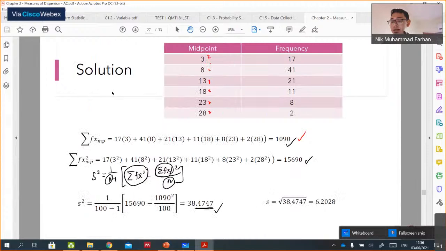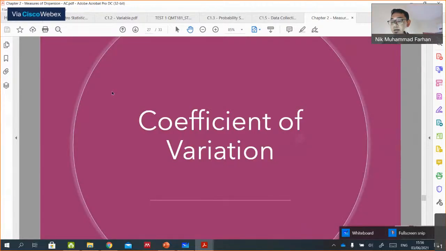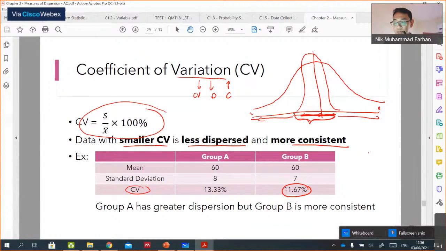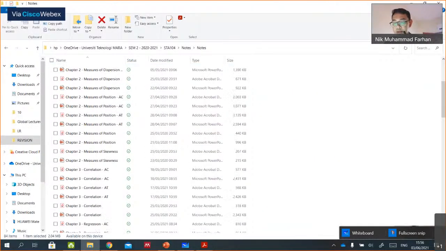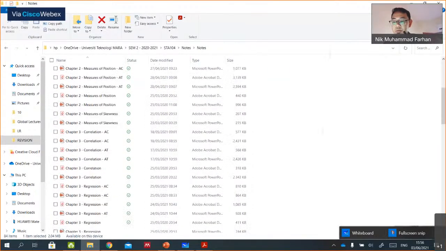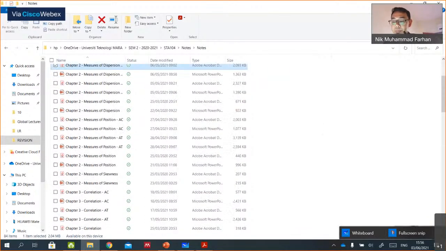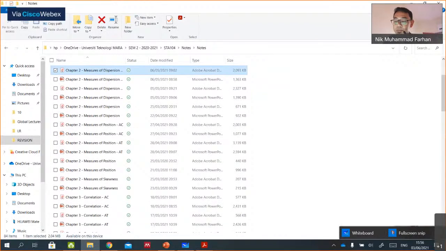Saya nak kira S sekarang ni. Kat dalam mana dia? Oh, bukan dalam ini. Sorry. Measures of dispersion bukan. Dekat mana dia? Saya pun lupa dah ni. Chapter 2. Position ke?